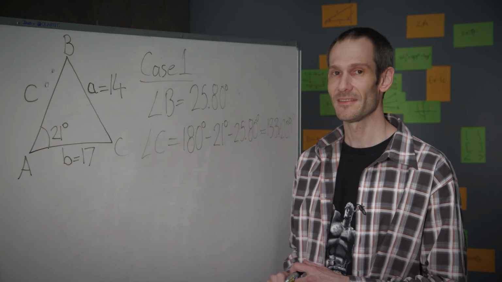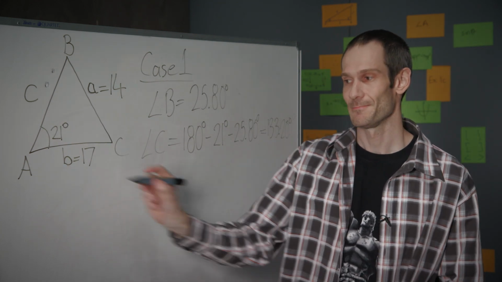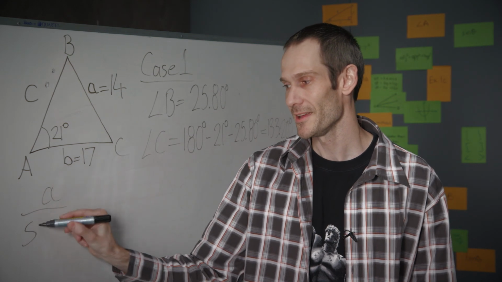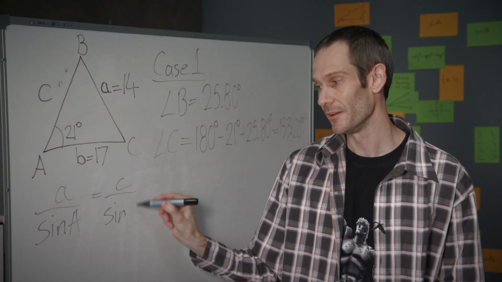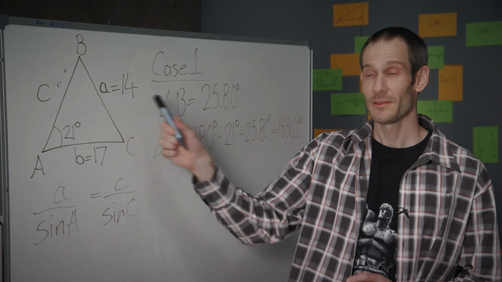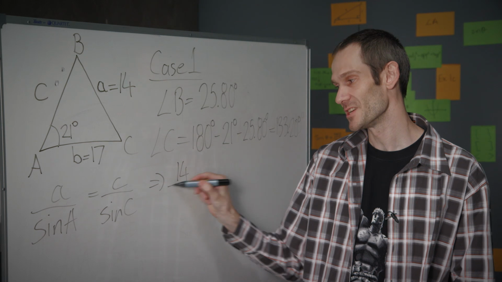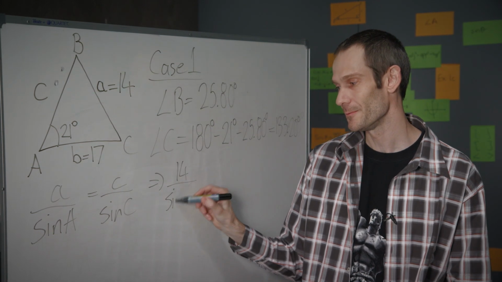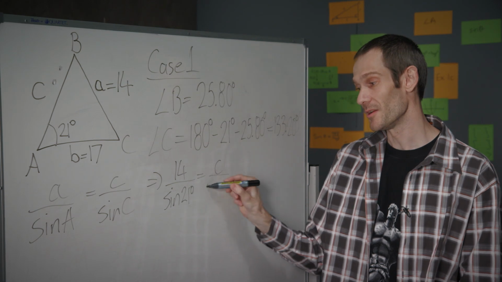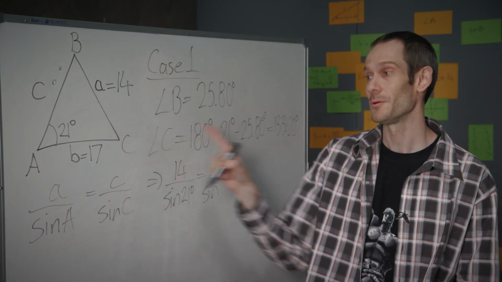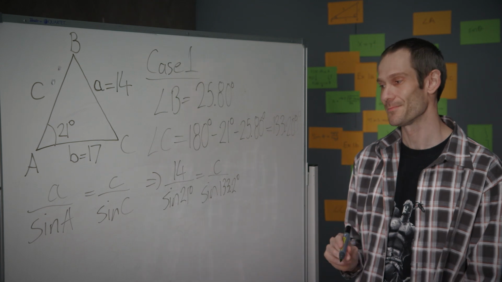To work out the side length c, again I can use the sine rule. The sine rule tells us that a divided by sine A must equal side length c divided by the sine of its opposite angle. Putting in the information that we know, 14 divided by the sine of its opposite angle must equal side length c divided by the sine of its opposite angle, which we just calculated to be 133.2 degrees.